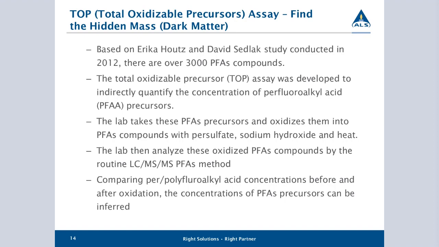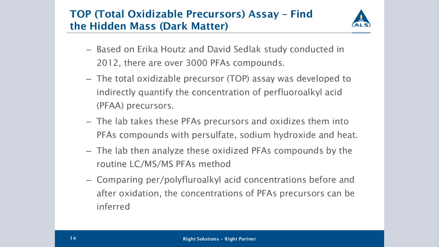do analyze for. So in theory, what you do is you analyze your sample and you get results. Then you take an additional aliquot of the sample and you do the TOP assay, and you analyze that sample again for PFOS, and you see if your PFOS compounds have increased.